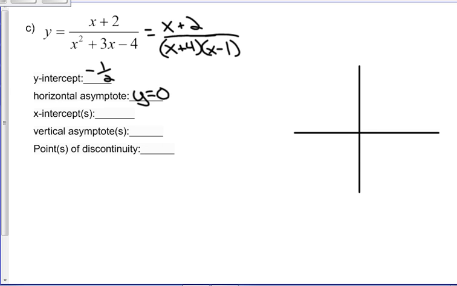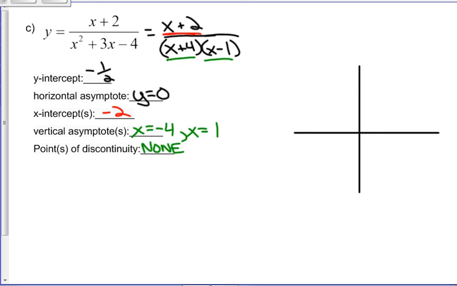So same denominator in all of these questions. So you can expect to find an x-intercept at -2. You can expect to find vertical asymptotes at x equals -4 and x equals 1. And you can expect to find no points of discontinuity because there's nothing that's the same on top and bottom.